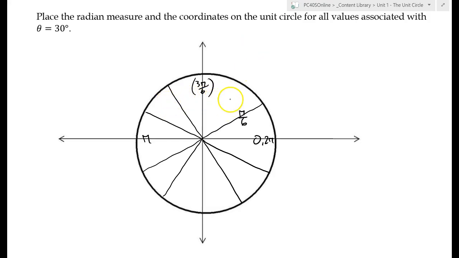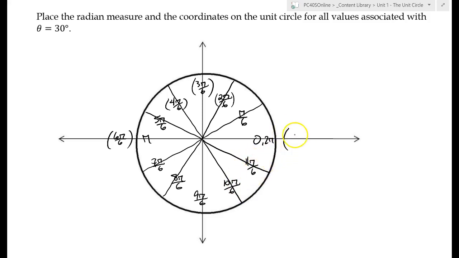Just over 6's to start. 2 pi over 6, 3 pi over 6, 4 pi over 6, 5 pi over 6, 6 pi over 6, if you want to think about it like that, 7 pi over 6, 8 pi over 6, 9 pi over 6, 10 pi over 6, 11 pi over 6, and 12 pi over 6.